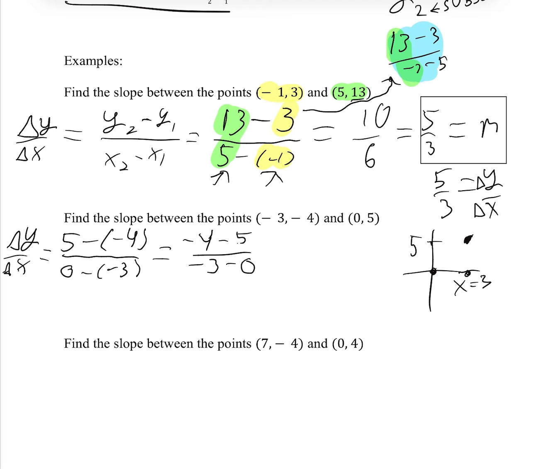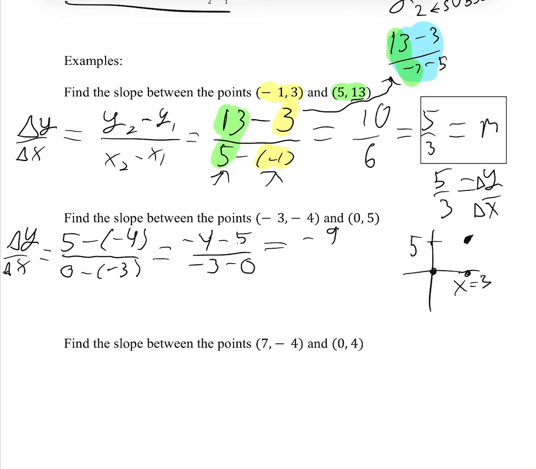What you can't do is switch just one individual order like I showed at the top. The numbers on the top and bottom still have to match; they still have to be the same coordinate. You can switch the two numbers in the numerator and the denominator, but you have to do both. You can't just do whatever order you want.